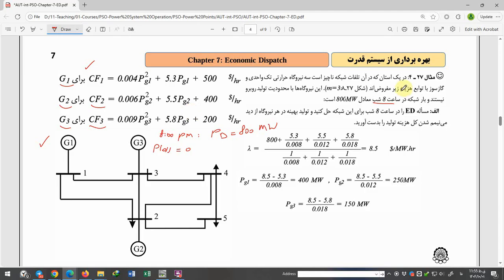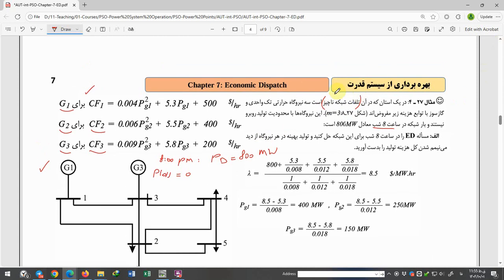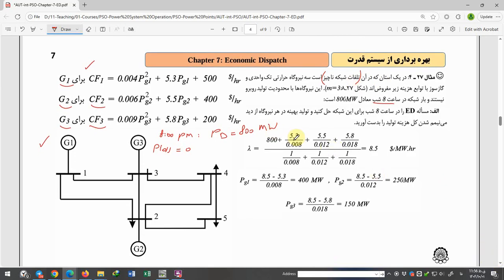In this description we say that this term means the losses are ignored, and the final exam we tell you in the manuscript of problems.